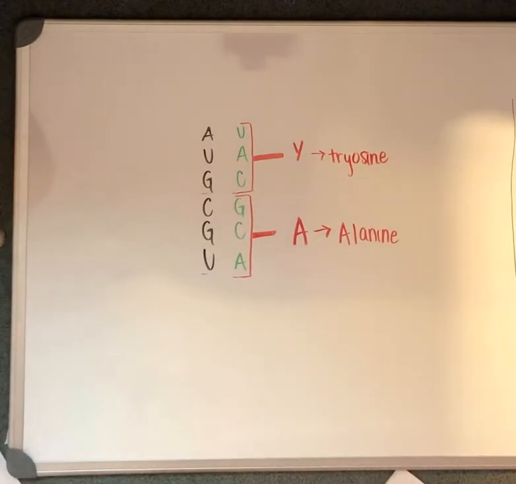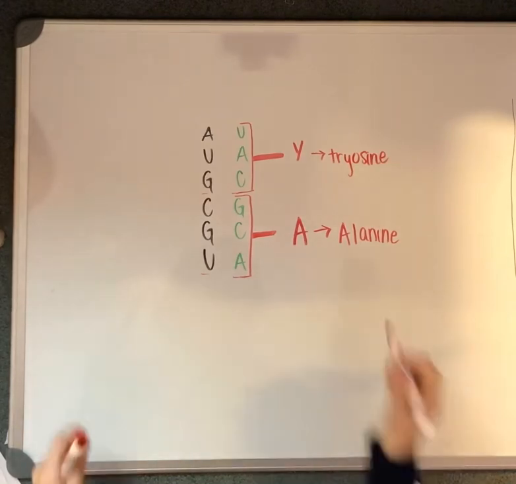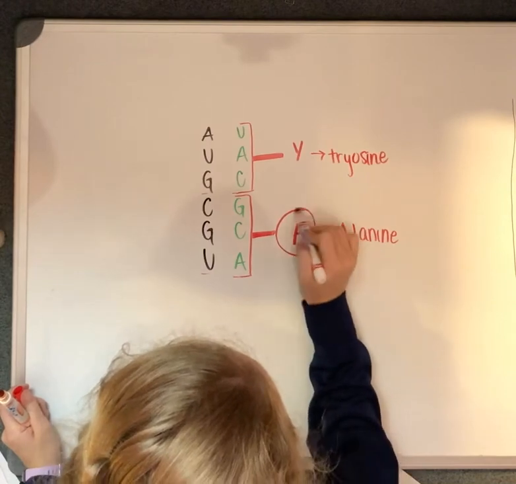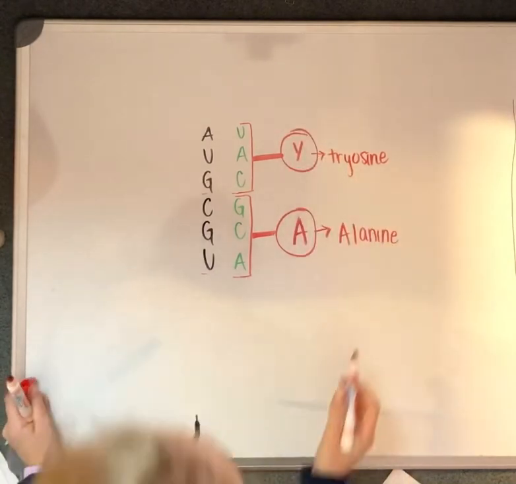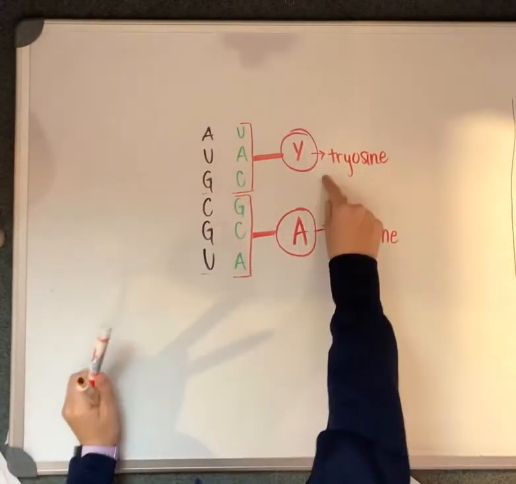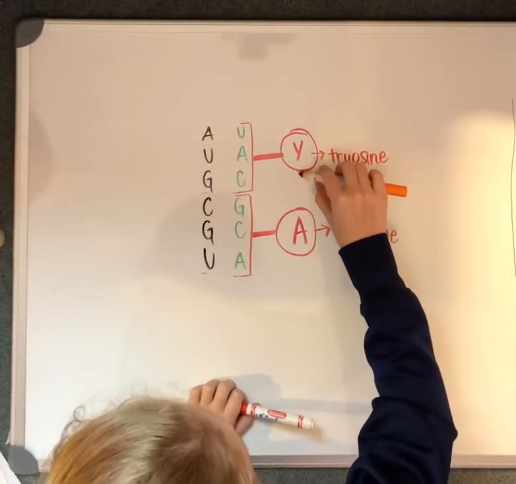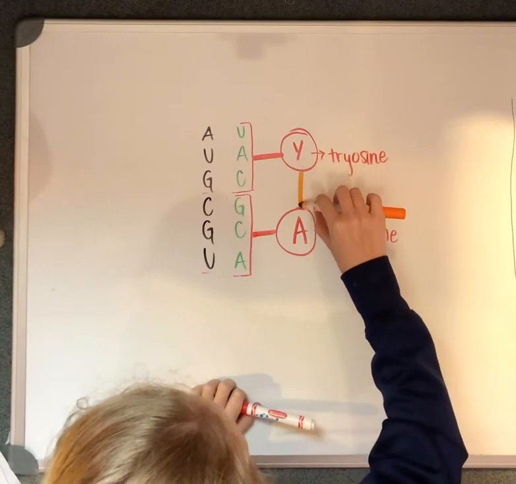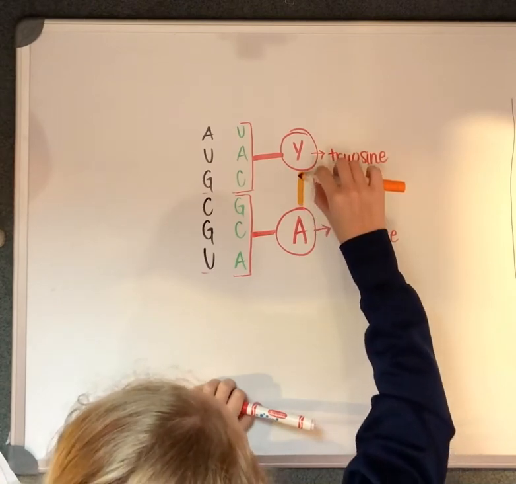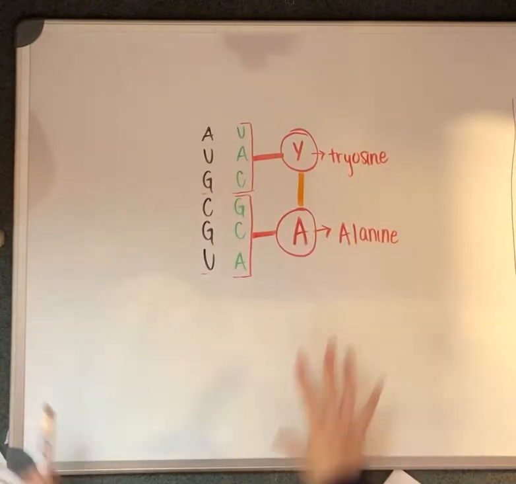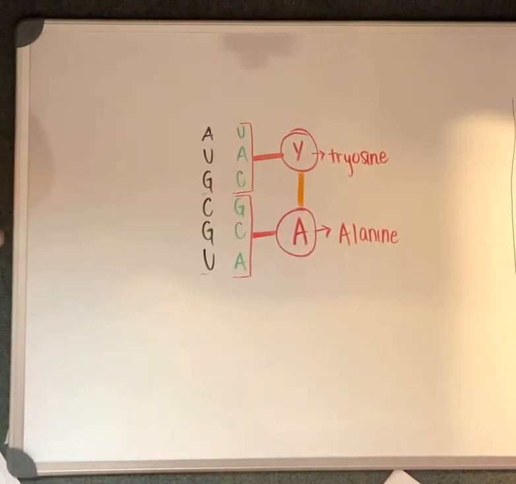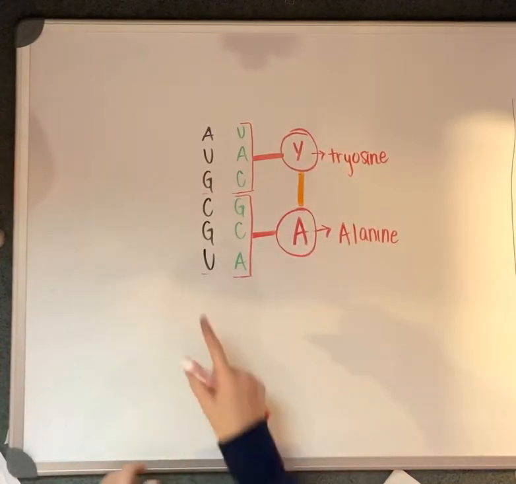And say this was in translation, these amino acids would go, this would be in the P site and this would be in the A site, and these would bond, which is represented here, and this is known as a peptide bond, so this whole thing is known as a dipeptide.